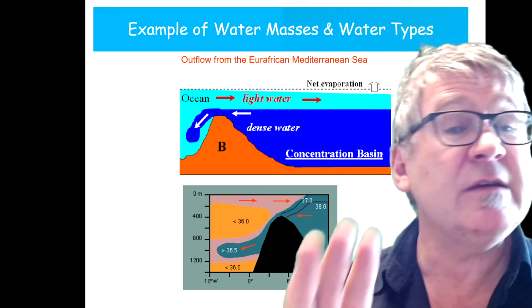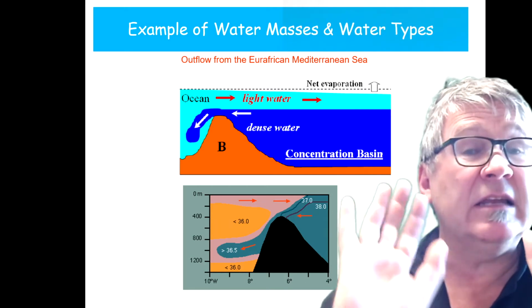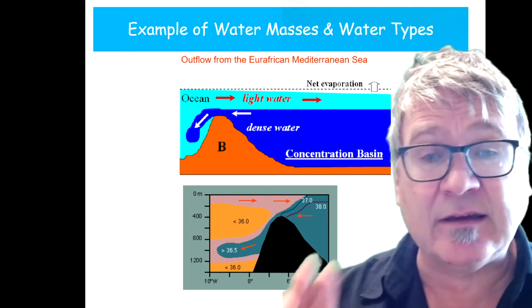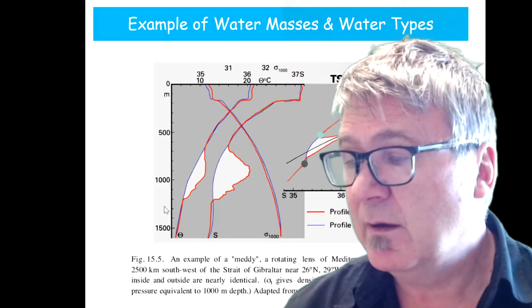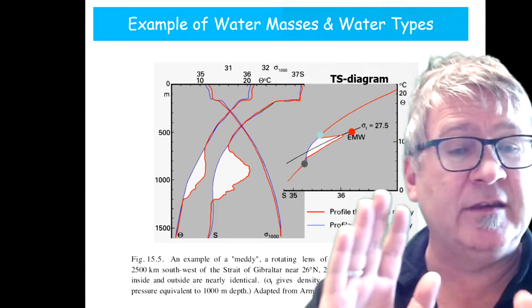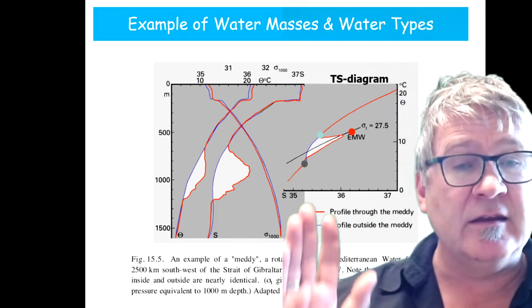Let's have a look at the salinity. Let's have a look at the TS. Yes, I've shown this before. You might be surprised, you see the same stuff over and over again.